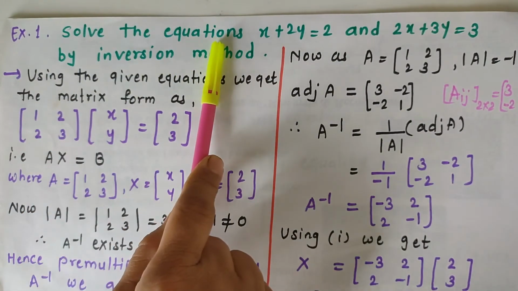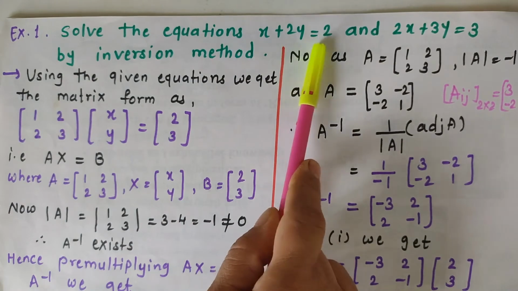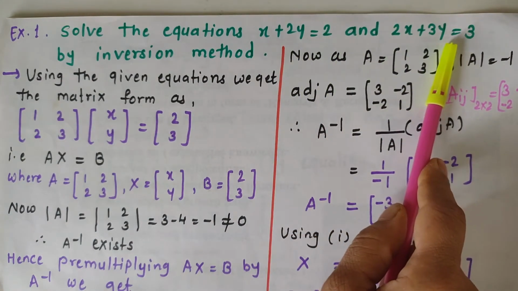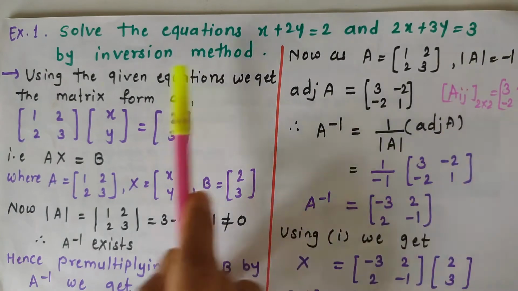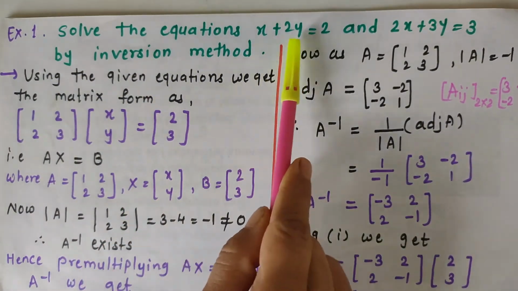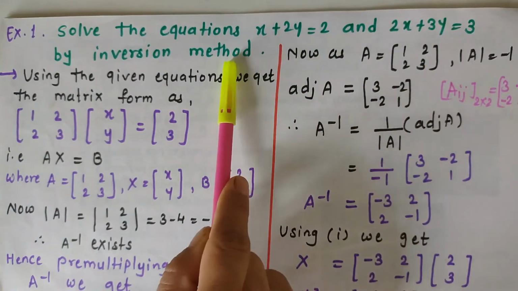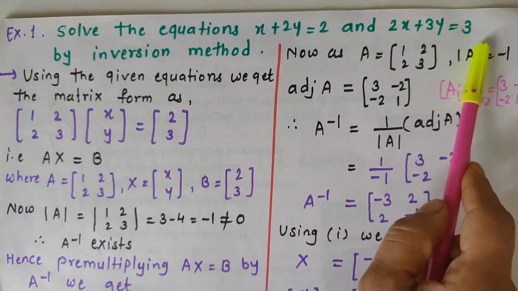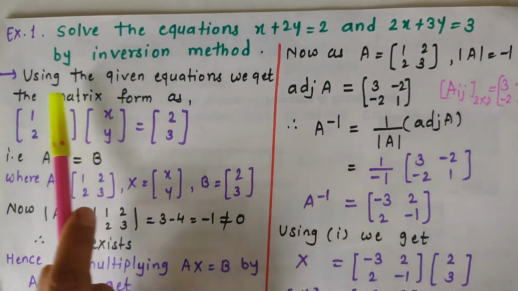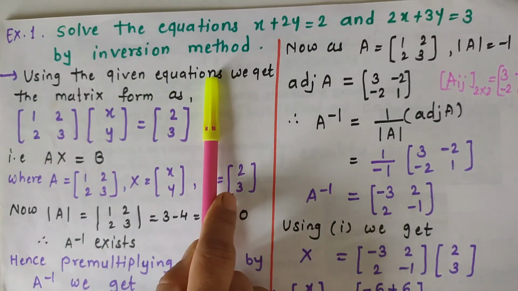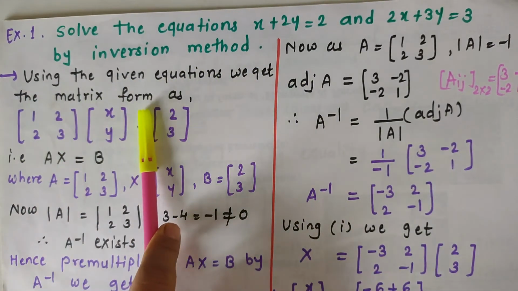Solve the equations x plus 2y is equal to 2 and 2x plus 3y is equal to 3 by the inversion method. There are two equations. In this example, x plus 2y is equal to 2 and 2x plus 3y is equal to 3. So, the solution is: using the given equations, we get the matrix form.